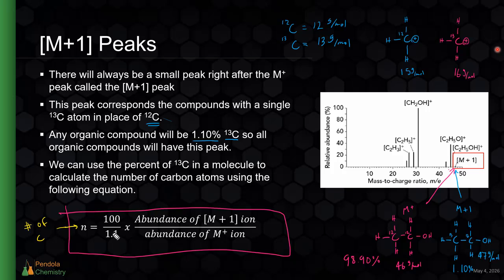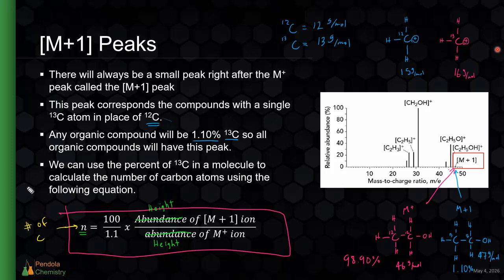If we do 100 divided by 1.1, because 1.1% of all the carbons are carbon-13, times the abundance of the M plus 1 peak over the abundance of the M plus peak, that's going to give us the number of carbons. Now, another way to say abundance is our y-axis. So instead of abundance, we can say height. So the height of the M plus 1 peak divided by the height of the M plus peak times 100 over 1.1 gives us the number of carbons in our compound.